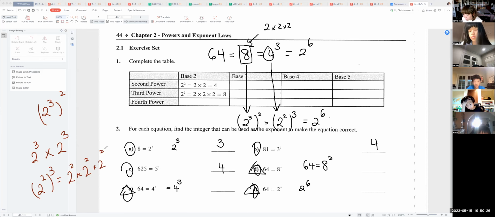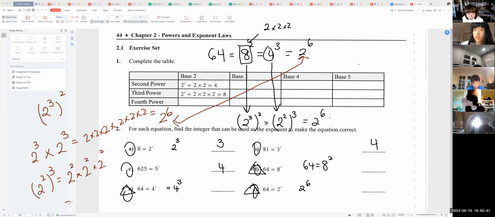Am I right, everybody? So this one equals 2 times 2 times 2 times 2 times 2 times 2, which equals 2 to the power 6. This one is the same thing, also equals 2 to the power 6. That's why it equals this one as well.